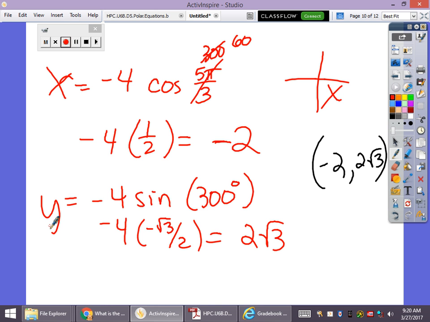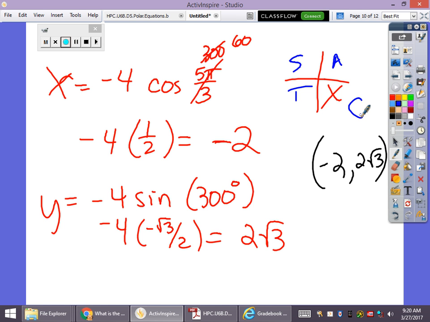Well, that's 300 degrees. 300 degrees is in quadrant 4. It is a reference of 60. Using the hand trick, the cosine of 60 is 1/2. Positive or negative if it's in quadrant 4? If you forgot, all students take cash. Cosine is positive. So it's a positive 1/2.